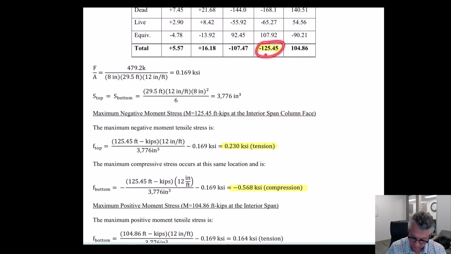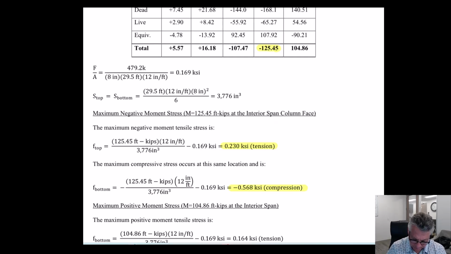So when I go and check this number, the stress at the top, M over S, and even if I got the top or bottom wrong, it wouldn't matter because they're the same, minus the F over A, 230 ksi in tension, and the maximum compression, which we really never check, but there's going to be a reason to keep track of these, and I will get to that point later.